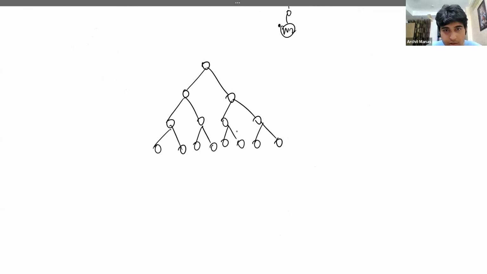So how many vertices can you mark such that there's no two of them which have that property of being a prefix of the other? What's the maximum number of vertices, for example? Eight, right? Because you could just mark all of these leaves.